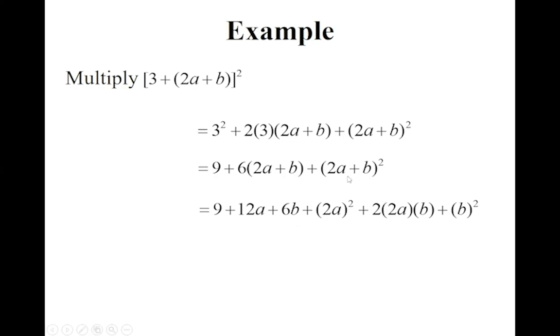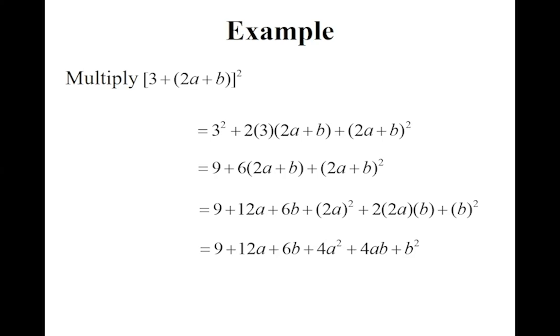And then to square the 2a plus b, we square the 2a plus 2 times the first times the second, 2 times 2a times b, plus square the second, plus b squared. Simplify here. Bring down our 9 plus 12a plus 6b. Squaring 2a gives us 4a squared. 2 times 2 is 4 times a times b, that's 4ab. Squaring b gives us b squared.